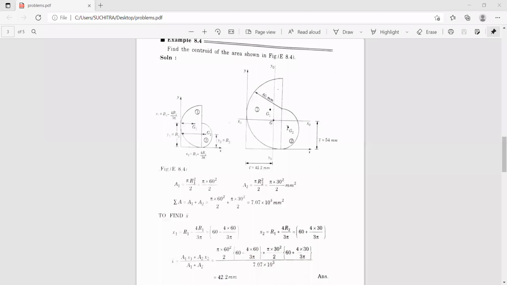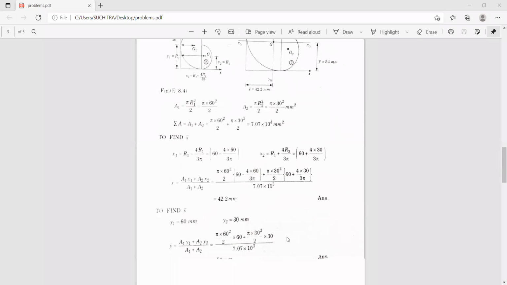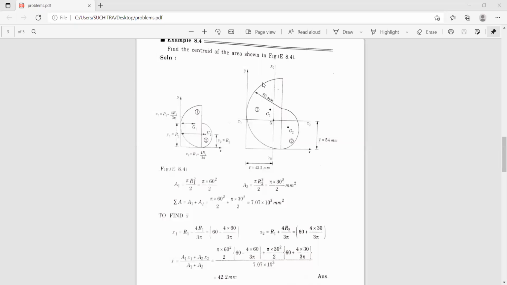Now we want the values of y1 and y2. From this point to this point it is y2, and from this point to this point it is y1. Y1 is the radius of this semicircle, and y2 is the radius of this semicircle, because you are measuring the height with respect to the x-axis. Each semicircle is symmetrical about the x-axis.